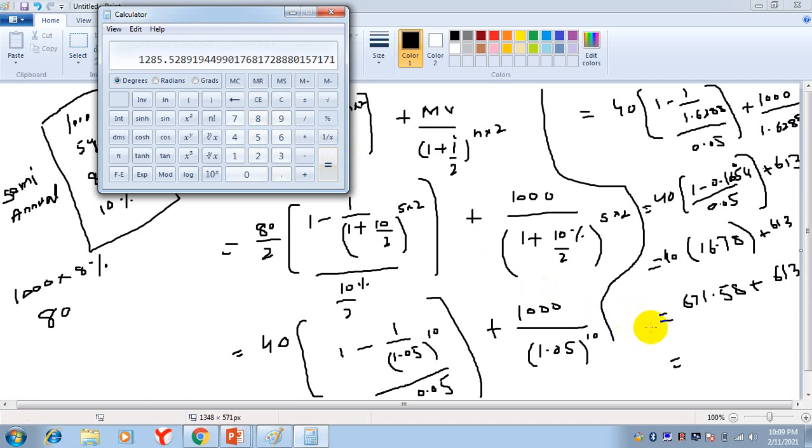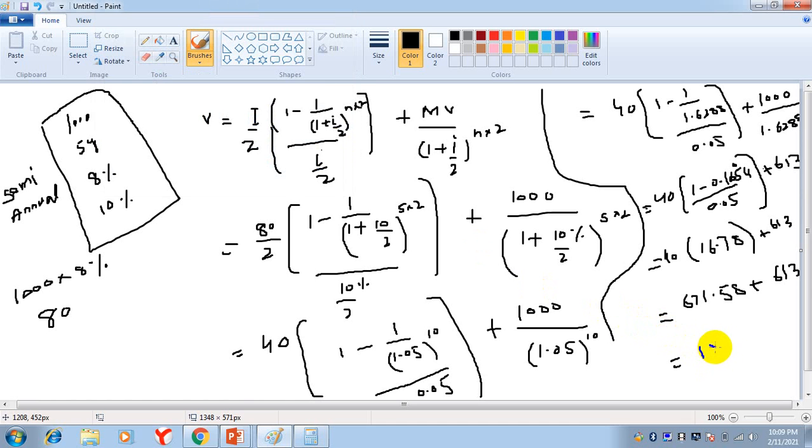So we will get 1285. When you use a simple calculator, it will be easy. So this is the calculation of semi-annual compounding.